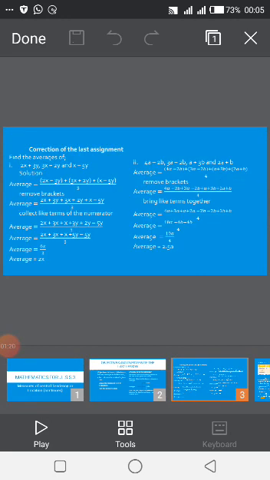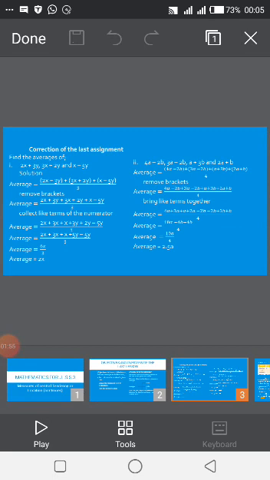Let's look at the correction from the last assignment before we enter into today's lesson. You were asked to find the average of 2x plus 3y, 3x plus 2y, and x minus 5y. The average is the sum of all the values in a set of numbers divided by how many values you have added up.